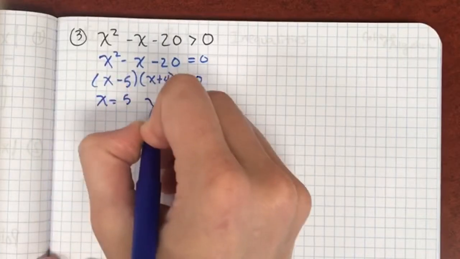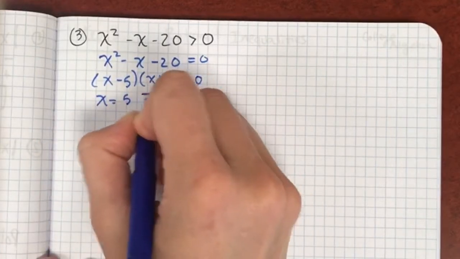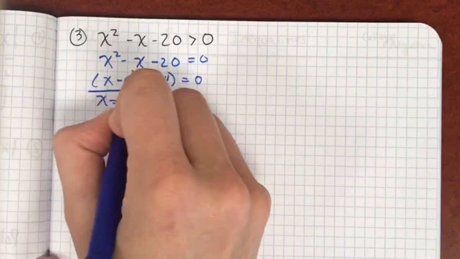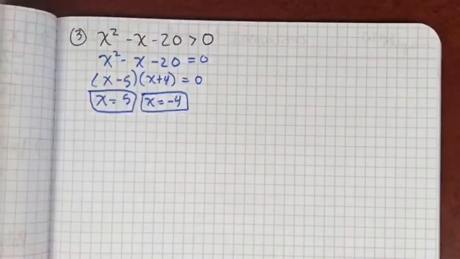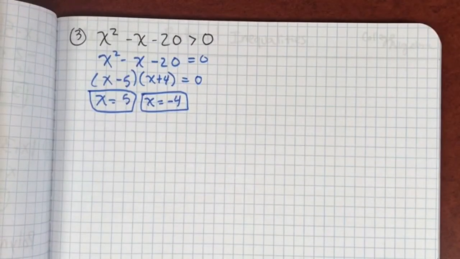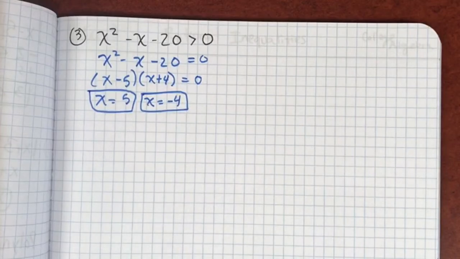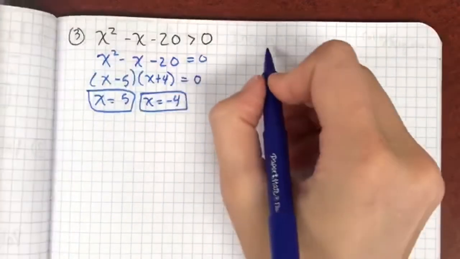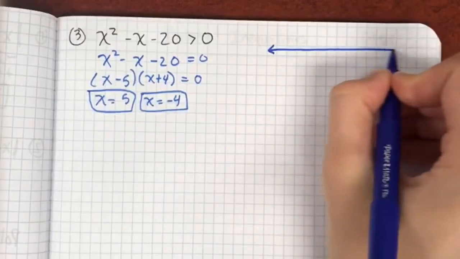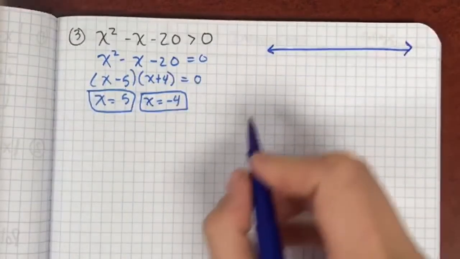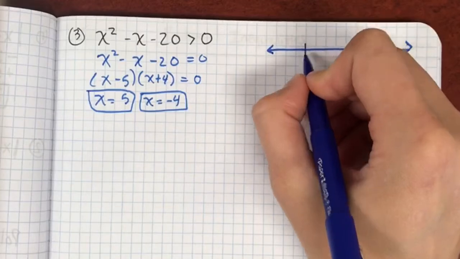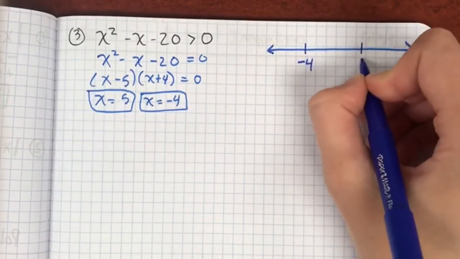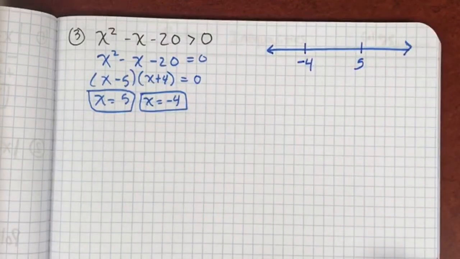So x equals 5 and x equals -4. All right, so we make our number line, put our key values on, which would be -4 and 5, and then we need to test some values.